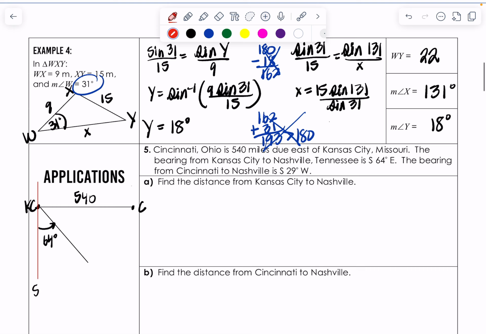The other one, okay, from south, then this one is, how far? 29 degrees to the west. All right, so this one would be 29 degrees. So somewhere over here it's going to meet, okay? And that's going to be your Nashville.